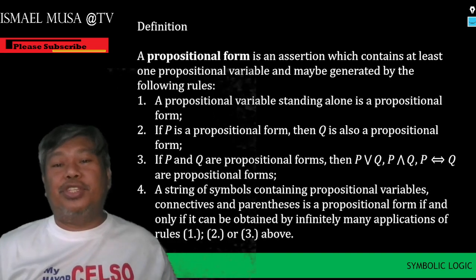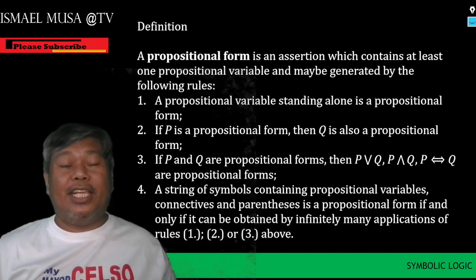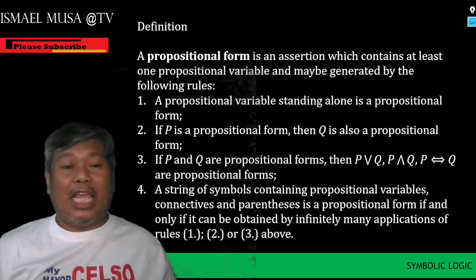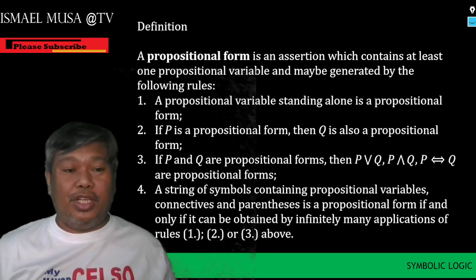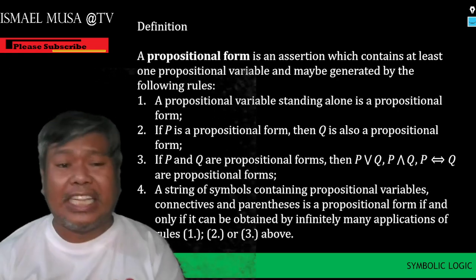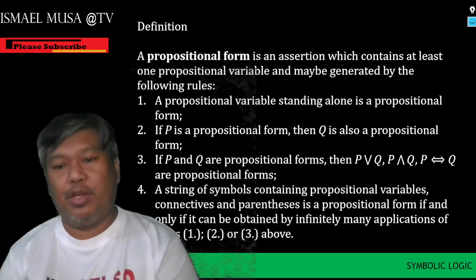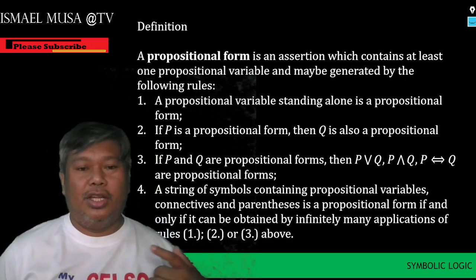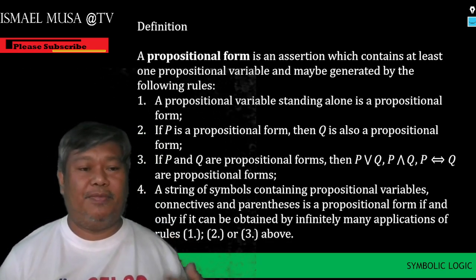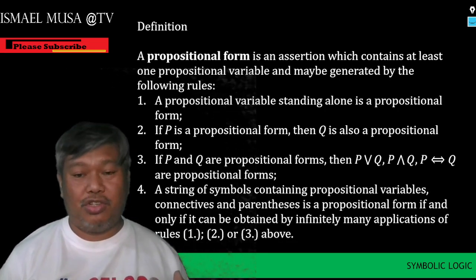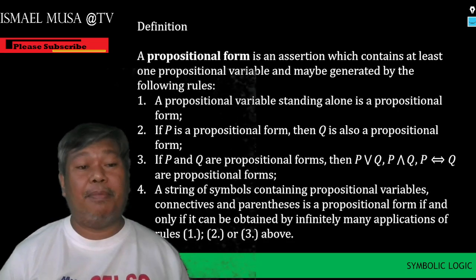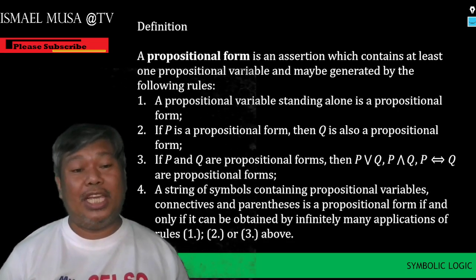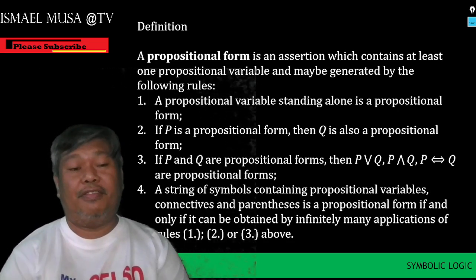So a propositional form is an assertion which contains at least one propositional variable and may be generated by the following rules. We have to take note of this. A propositional variable standing alone is a propositional form. If P is a propositional form, then not P is also a propositional form.